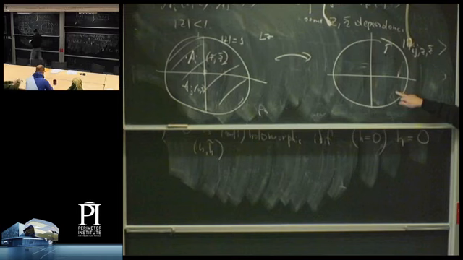This is step one. The second step uses the operator-state correspondence. If you tell me the Schrodinger wave function at the unit circle, there is a corresponding local operator.